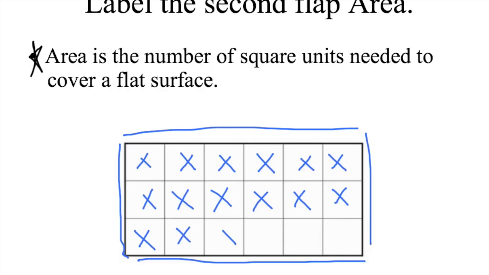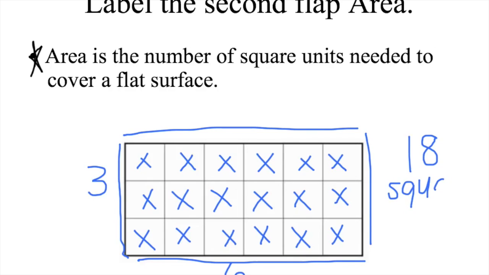So for example, in this example, I have 3 units this way, 6 units this way. And when I count them all, I have 18 square units. Now, I don't know what the units are, but let's say that they're feet. I would write my answer, 18 feet, and then I would write a 2 for squared.